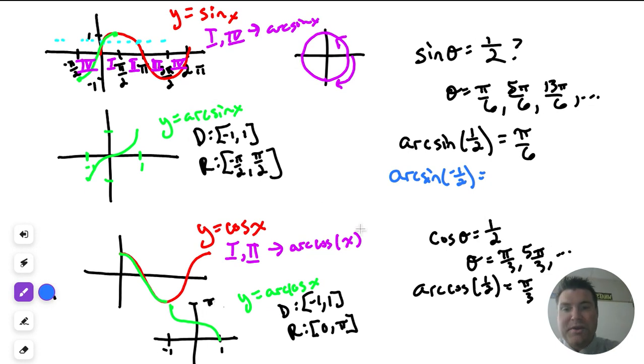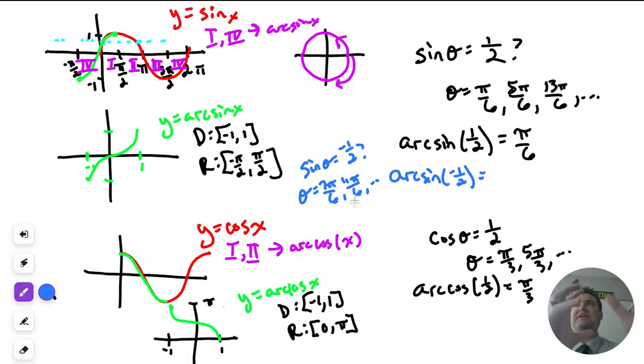So let's do this real quick. When does sine equal -1/2? Theta equals, I heard one of them, 7 pi over 6. What other one? Okay. Well, 11 pi over 6 is in quadrant 4, yeah? But the answer is not 11 pi over 6 because is that in my range? No. How else can I say 11 pi over 6 so that I'm in my range?